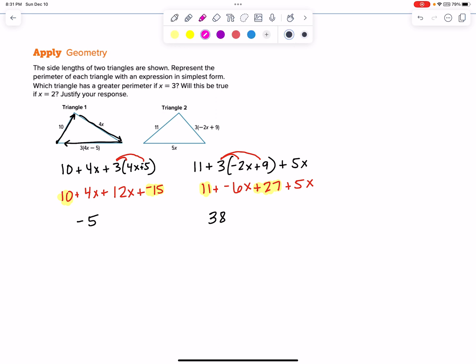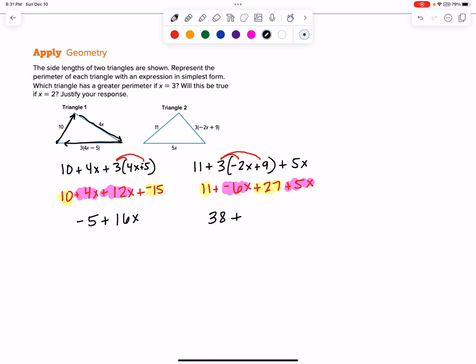Okay, let's get our next like terms here. So here's my x club, positive 4x club, positive 12x club. I have a negative 6x club and a positive 5x club. So let's go ahead and finish it off here. Remember, addition goes in between. You can't just write the numbers. So 12 plus 4x is 16x.